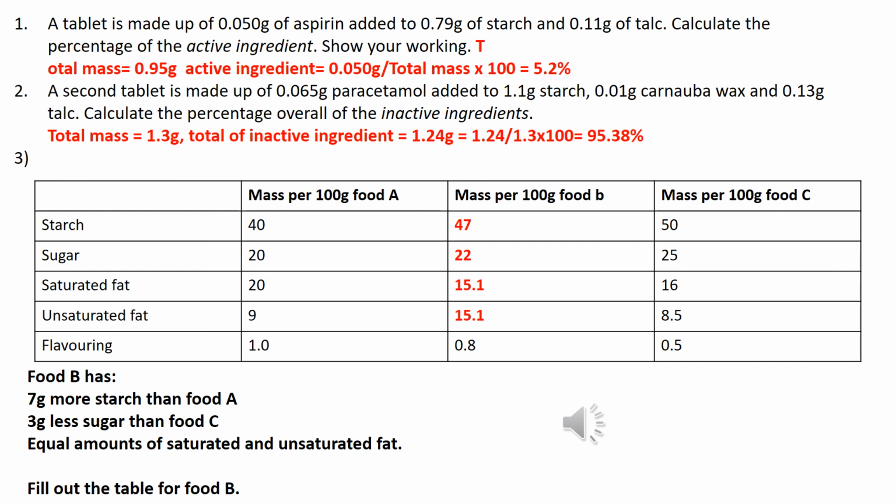So 25 minus 3, you should get 22. The unsaturated and saturated fats remain the same, which is 15.1 and 15.1. Okay, so that's the answer for the table for food B.